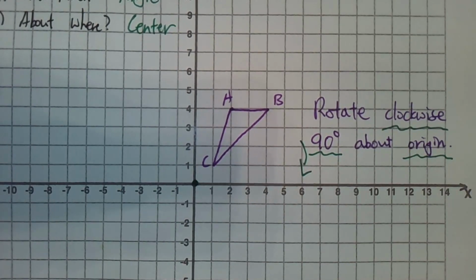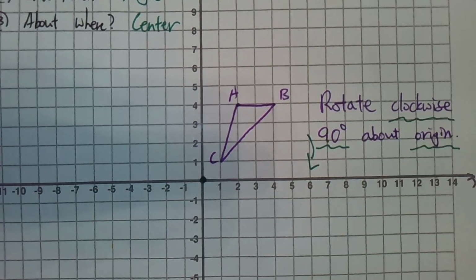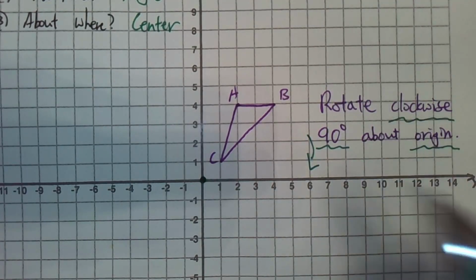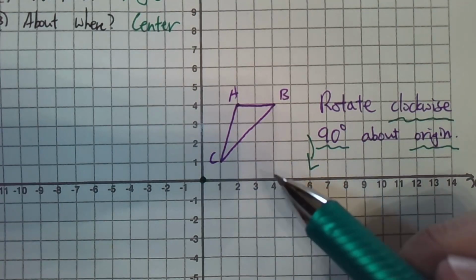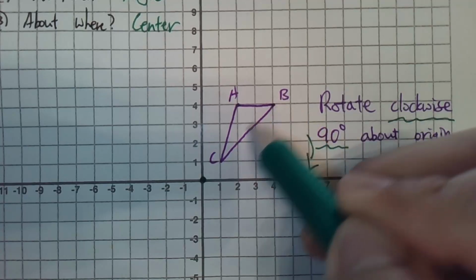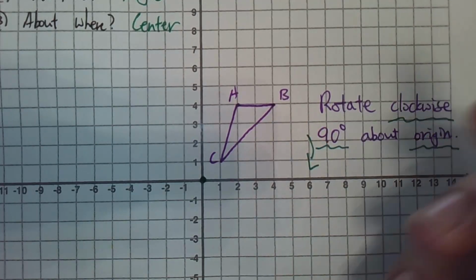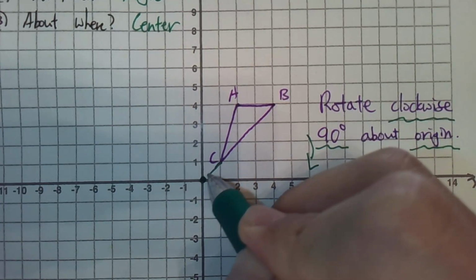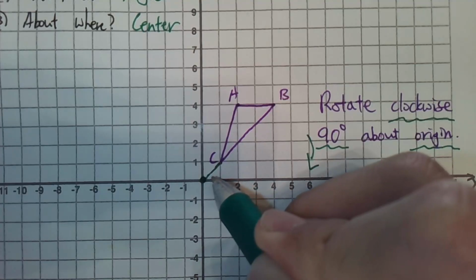So how do we know we rotated 90 degrees without any patty paper, the tracing paper, right? Or without the protractor? This is a little bit complicated, so pay attention. What I'm going to do is take three vertices of my shape. I'm going to start with C, and I'm going to draw a line from C through the center of rotation.